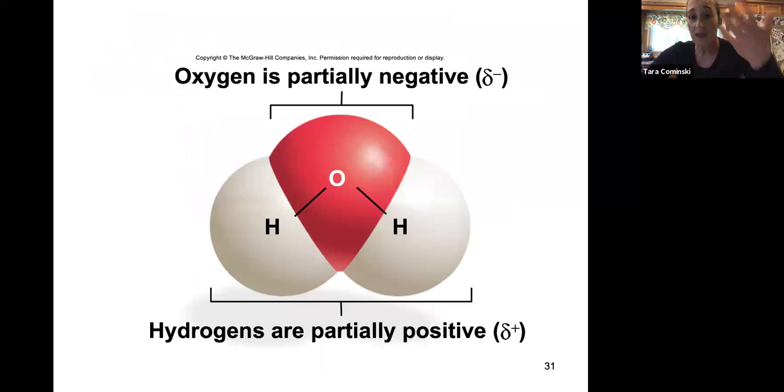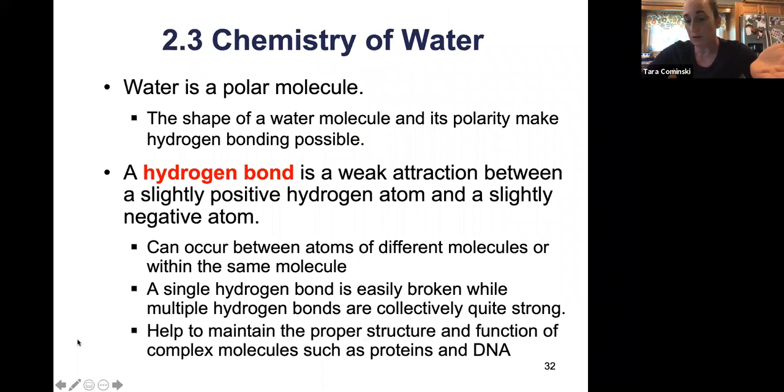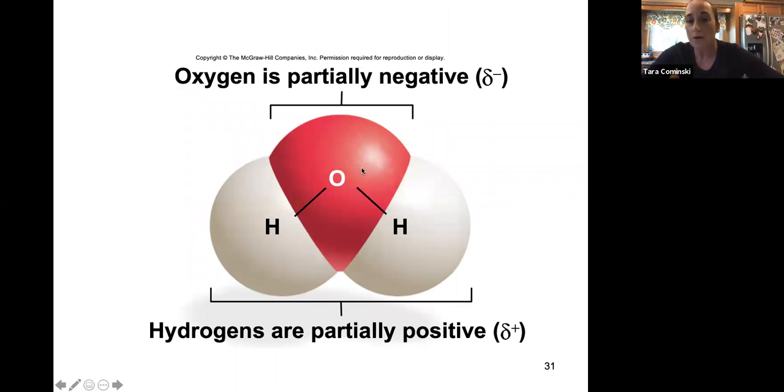Our example is water. If water were non-polar and we wrote its structural formula that way, the hydrogens would be exactly in line with the oxygen. But that's not true. This is a polar molecule because of unequal sharing of electrons. And then what happens?